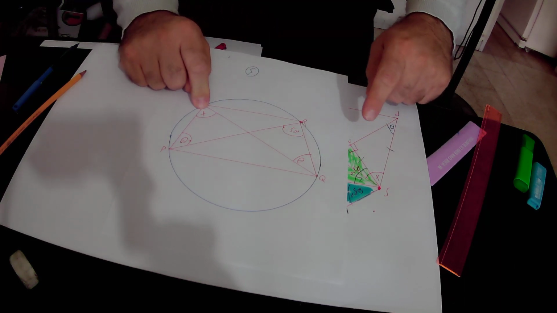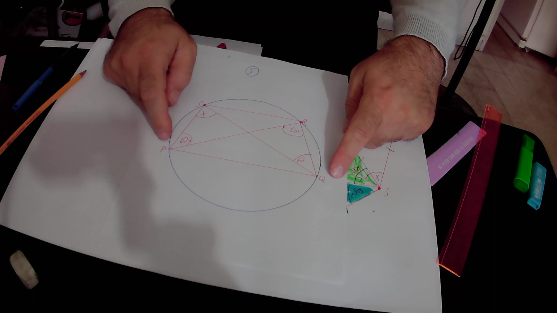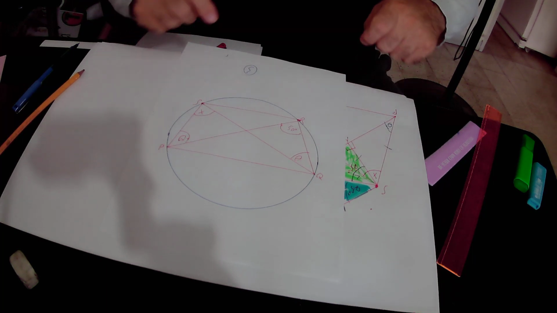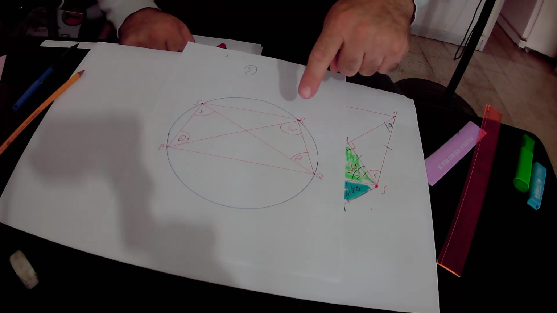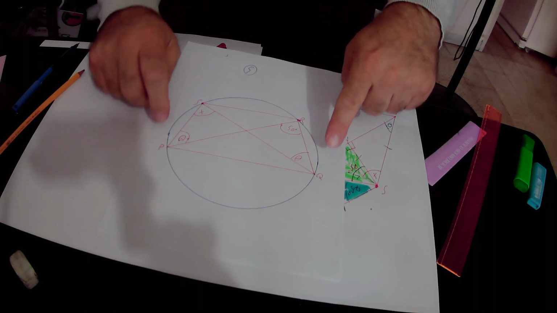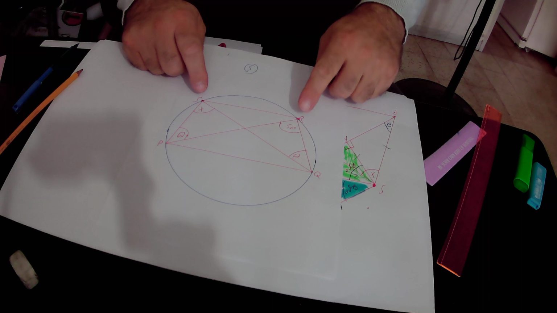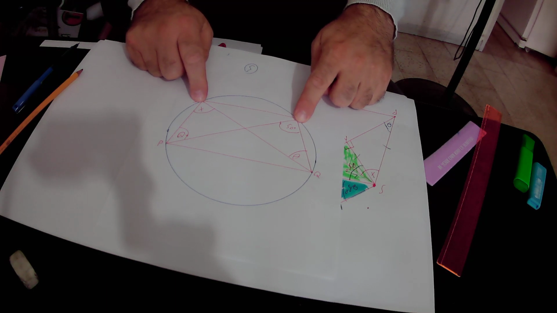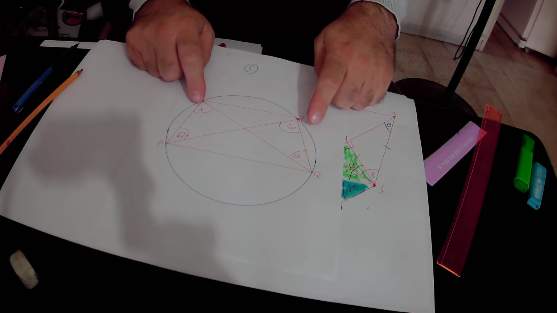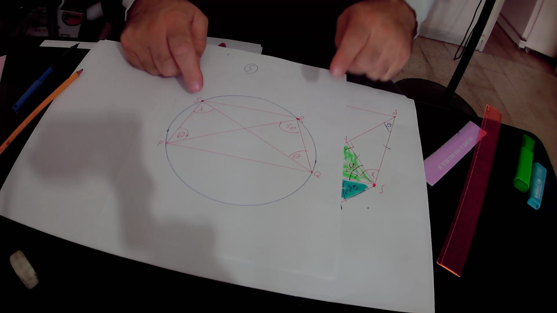Again, peripheral angle X subtends on chord PQ, and peripheral angle PRQ, which equals 50 degrees, also subtends on the same chord PQ. Therefore, those two angles that subtend on the same chord, according to rule number 2, are equal to each other. That is to say, X equals 50 degrees.